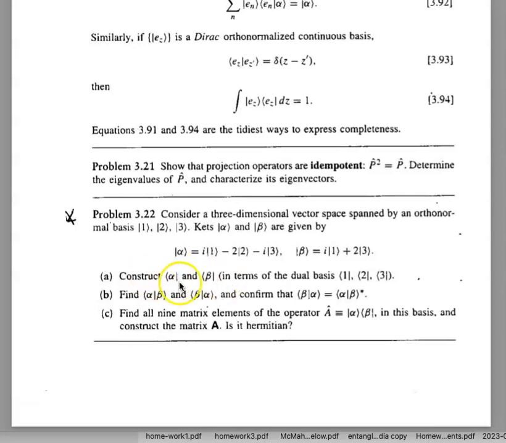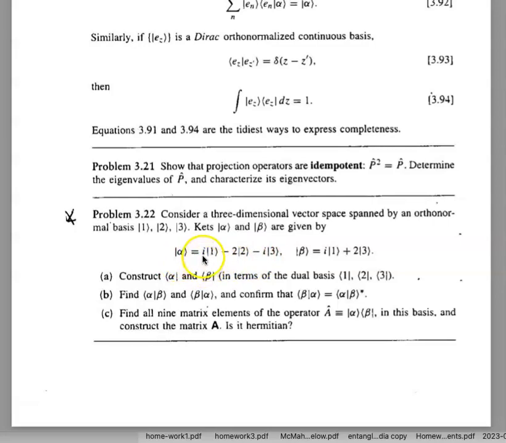Now, so this problem here: consider a three-dimensional vector space spanned by an orthonormal basis, cat 1, cat 2, cat 3. And he writes some superposition state alpha as this one.